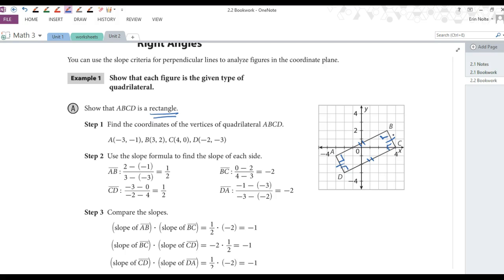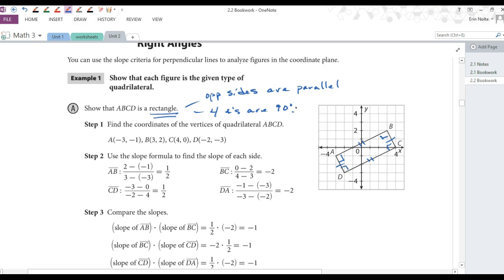Okay, so things to remember about a rectangle: opposite sides are parallel, and all 4 angles are 90 degrees. That's the biggest part of this lesson that we're going to be looking at.